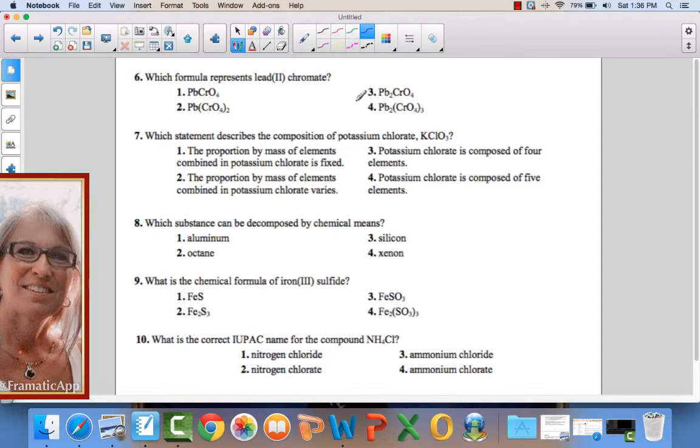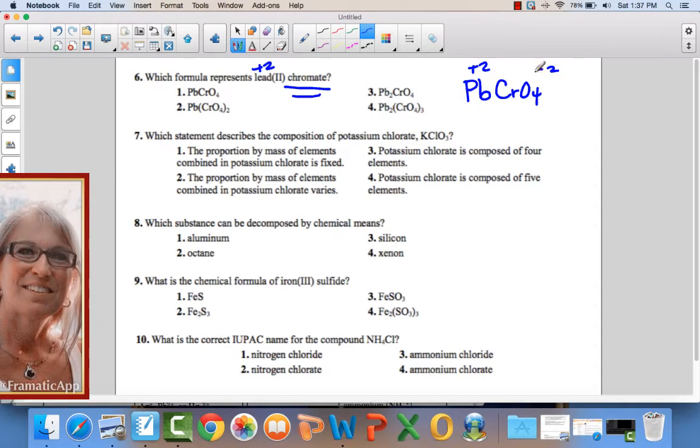Which formula represents lead 2 chromate? Well, lead, which is Pb, they're telling us to use the number 2. And chromate, anything that ends in ate or ite, we look up in table E, and it's CrO4 -2.